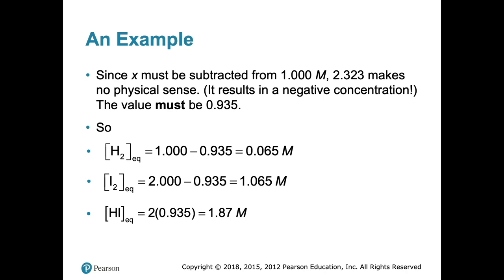So in the end, all you have to do now is subtract that change from the initial concentrations, because remember the equations were, in the ICE table, for this one right here, 1 minus x, and this one was 2 minus x. And this one was what? Remember what this one was? For hydrogen iodide, it was just 2x, right?